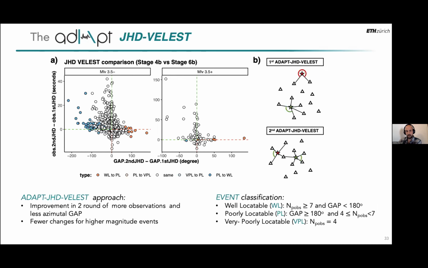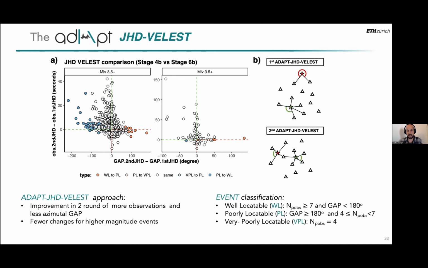To explain better what the joint hypocenter determination is doing in 2 different rounds: it is exploiting the ensemble of our observations in order to increase the quality of our final location and solution. Here on panel A, you see 2 different sub-panels to divide the lower magnitude events and higher magnitude events.